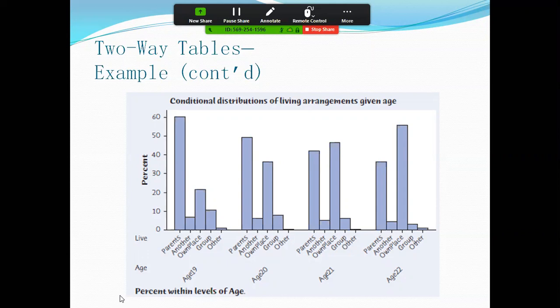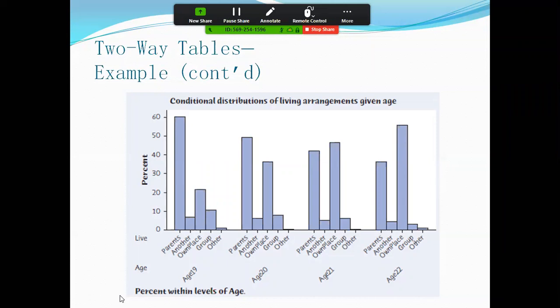And in each group, we have each type of living style. Notice that it's parent first, another, own place, group, and other for each one of these, so consistency matters. And on the vertical axis, we have the percent.